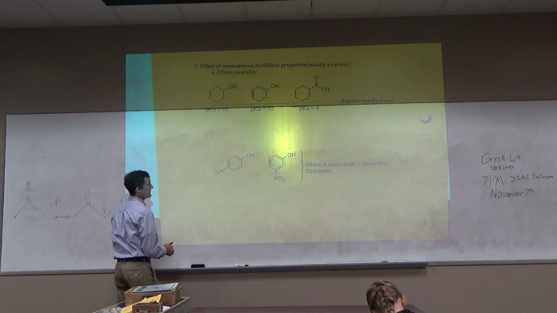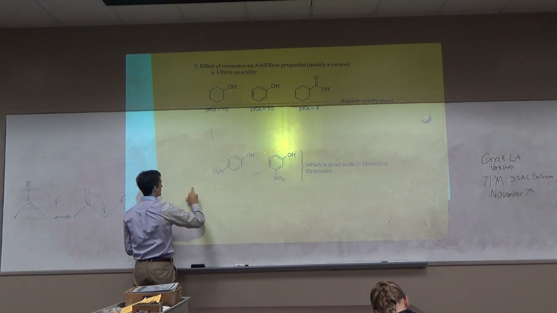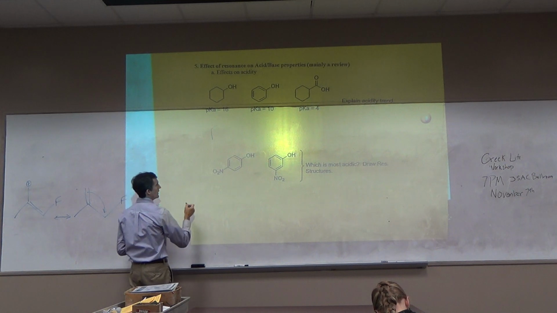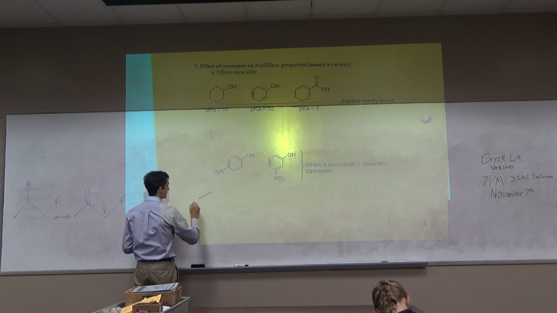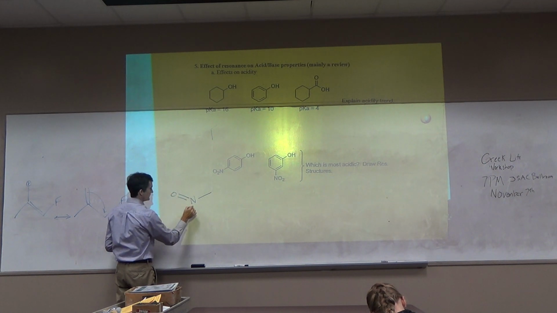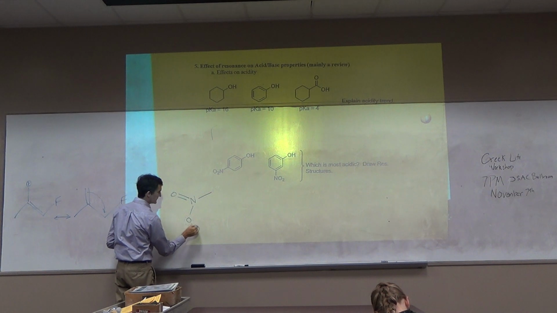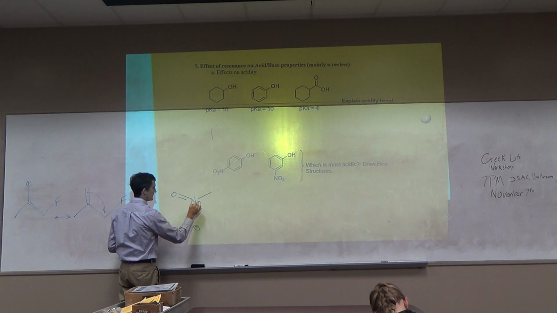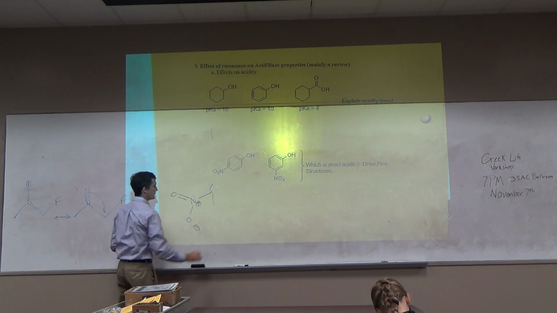Like down here, it's a nitro group. Nitro group we'll see in organic 2. But it's coming off the ring, it's the nitrogen, and it's double bonded to one oxygen, single bonded to the other oxygen. This oxygen is minus, the nitrogen is positive, coming off the ring.